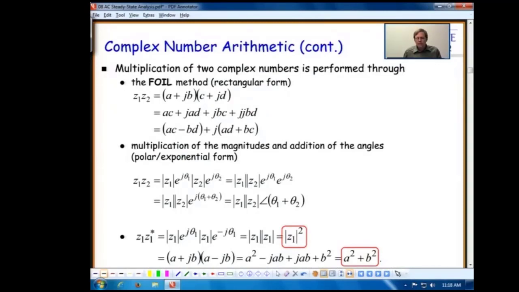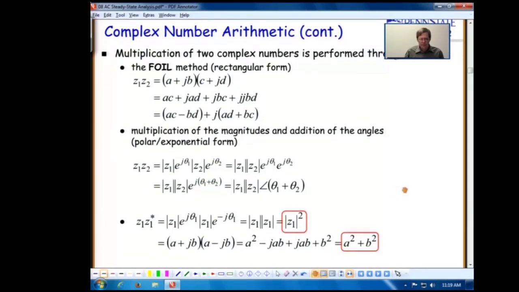Let's do a couple of examples by hand, though, to show how this works out, which you may need to do if you are working with complex numbers containing symbols instead of just plain numbers, because most calculators will easily handle numbers but not symbols.